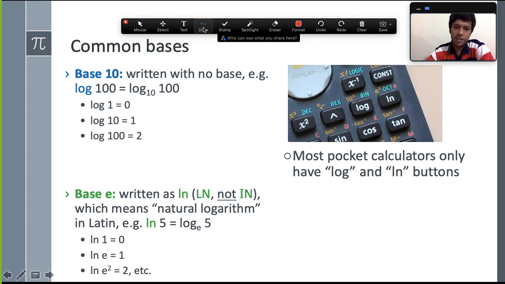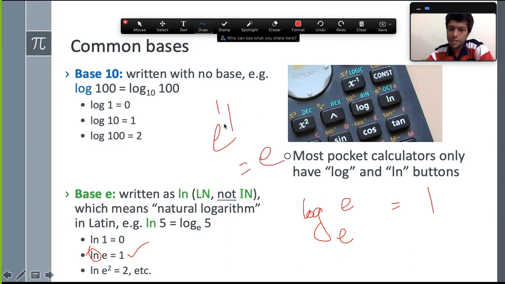This comes automatically. The remaining is easy. Ln means log base e. Then there is an e here. So let's write ln e equal to what? What power of e will make e? 1, right? Because e to the power 1 equals e. So this power is the answer.